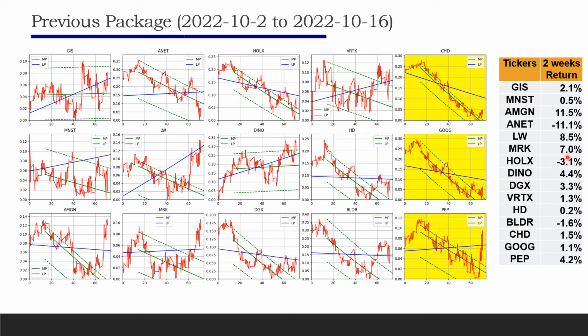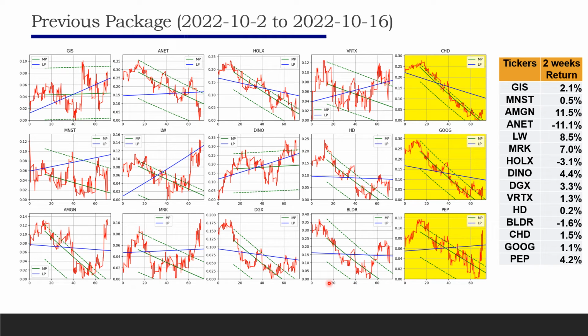And as you see, the returns are changing between -11% and +11%, which is a bit more than a normal 2 weeks period. And the reason is the high volatility of the market during these 2 weeks.